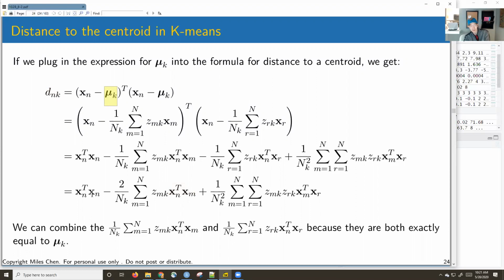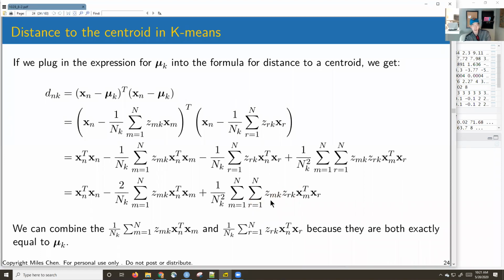The distance is now a product of basically a bunch of x's against each other. And we have to keep track of which x's belong to which clusters, the z's, but we're not actually calculating the centroids themselves. Okay, I'm not sure if you guys can see that. So we're not actually calculating mu sub k, we've got all of these products of x's here.